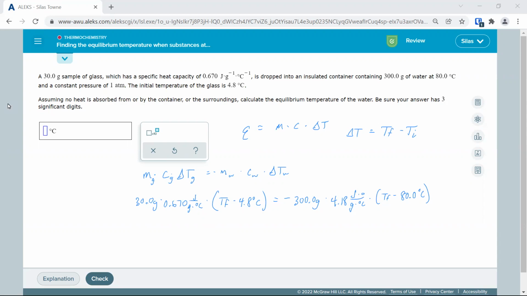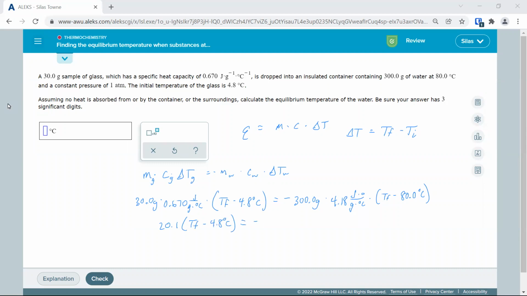So I'm going to actually multiply through here. I'm going to do 30 times 0.670, basically look at it as an algebra type problem. And I get 20.1 times T final minus 4.8 equals 300 times 4.18.